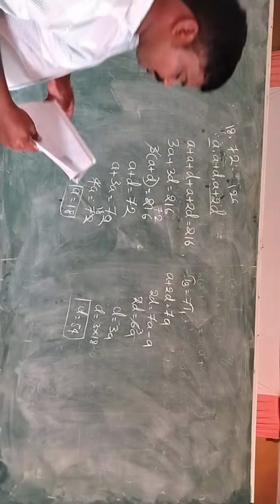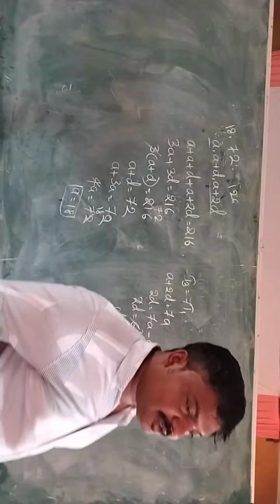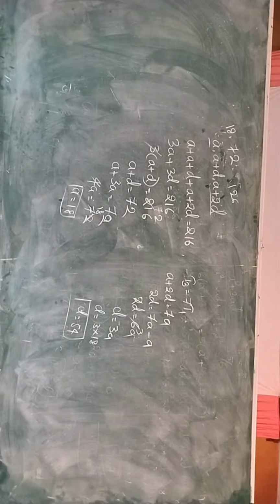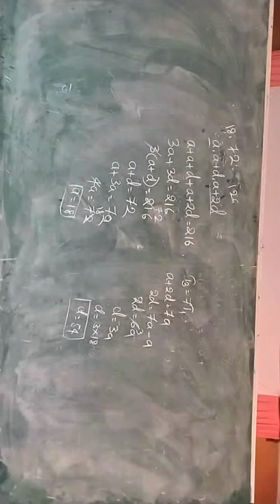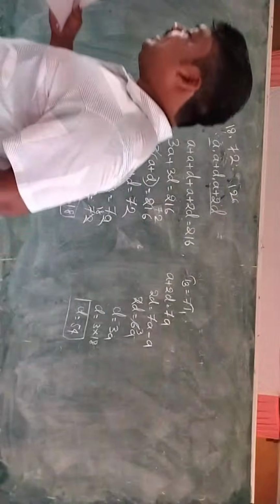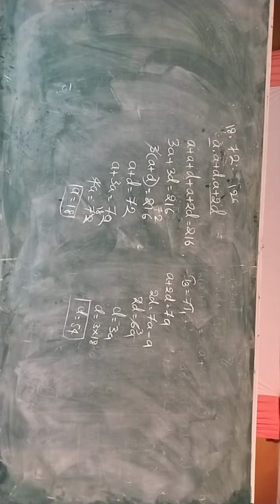In an arithmetic progression, the sixth term is one more than twice the third term.